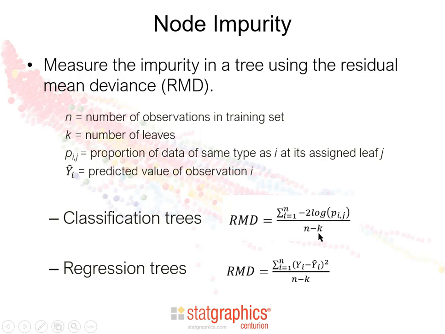We'll get the smallest residual mean deviance if the p for one class at a leaf is 1 and for the other class or classes 0. So it's a measure of just how much variability there is amongst the classes of observations that make it to a particular node. In the case of a regression tree, the residual mean deviance is just the sum of the observed minus the predicted value squared, divided by n minus k, which is a typical mean squared error.